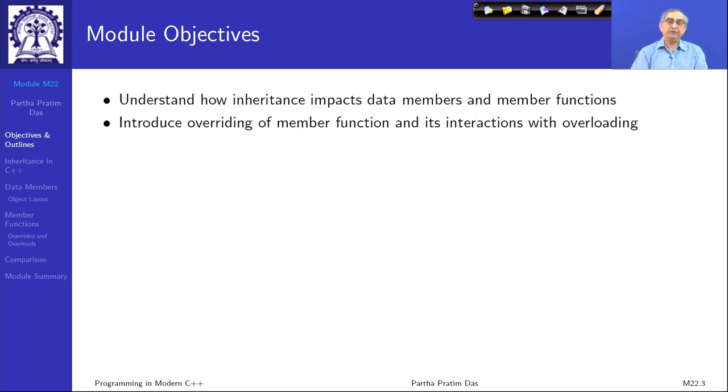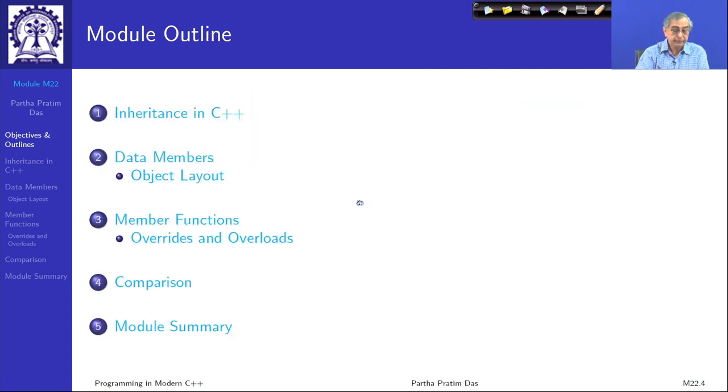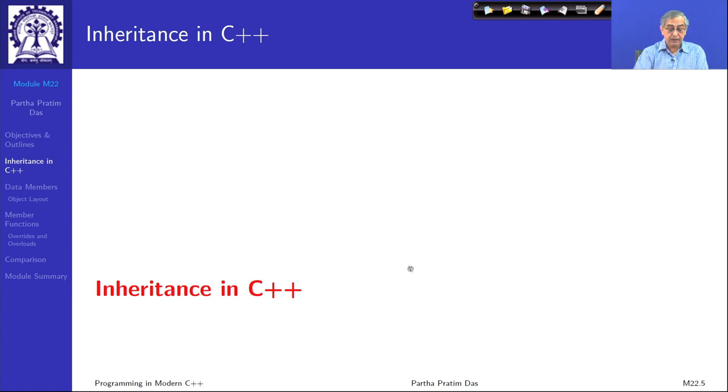And then in terms of the member function, we will discuss what is meant by overriding. Overriding, mind you, you have been familiar with overloading. We are introducing another concept, another term, overriding. What is meant by overriding and how does that interact with overloading? So, this is the outline.